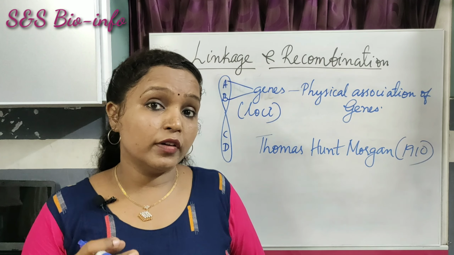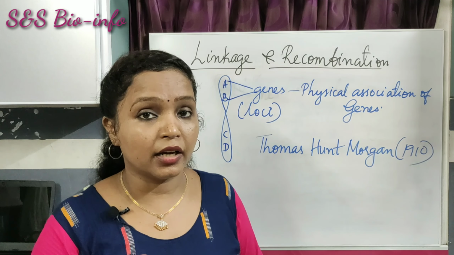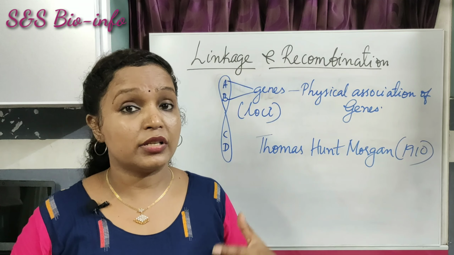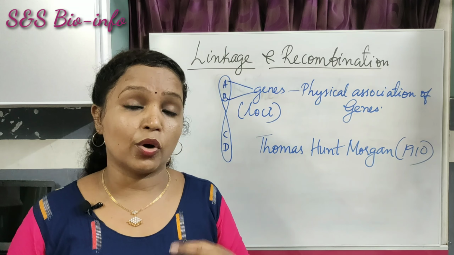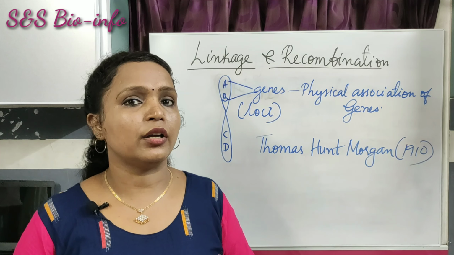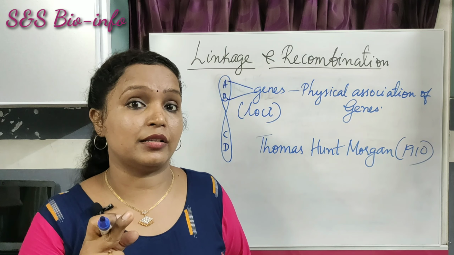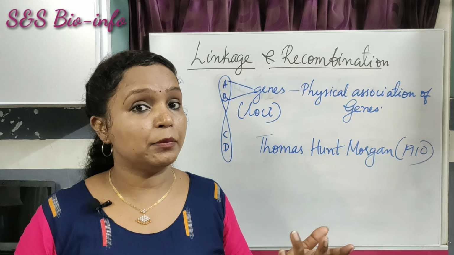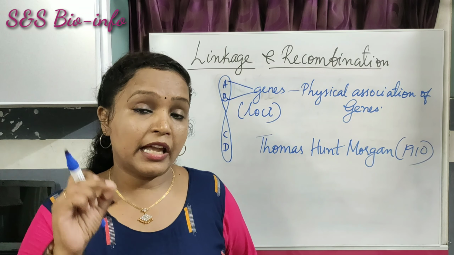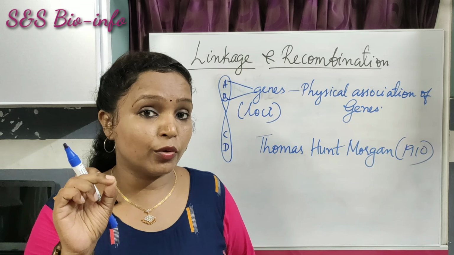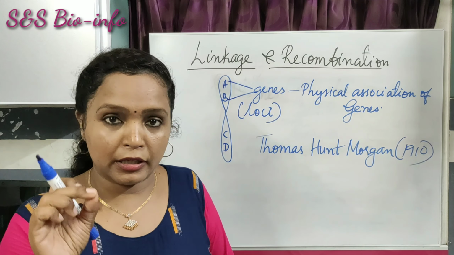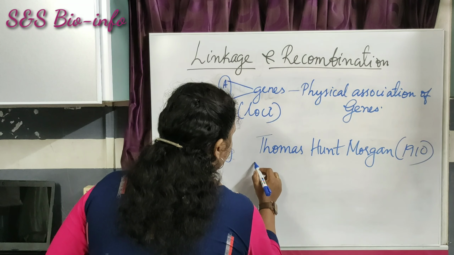Following Sutton and Boveri's chromosomal theory of inheritance, T.H. Morgan and his colleagues carried out several dihybrid crosses on the common fruit fly, Drosophila melanogaster. These experiments were similar to the dihybrid crosses of Gregor Mendel. The experimental material of T.H. Morgan was the common fruit fly.